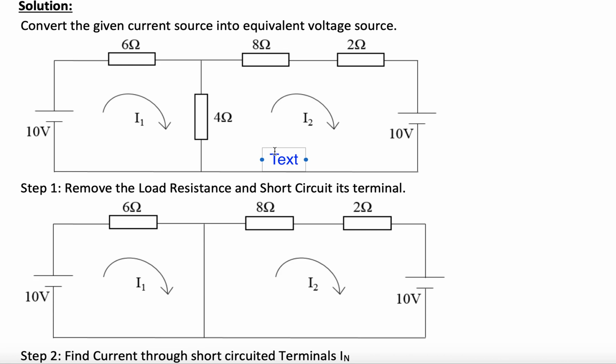Both will flow through the short only. When there is a dead short circuit, the whole current will flow through it, right? So 1 ampere plus 10 by 6 is how much? 5 by 3 ampere. So 8 by 3 ampere of current is IN.